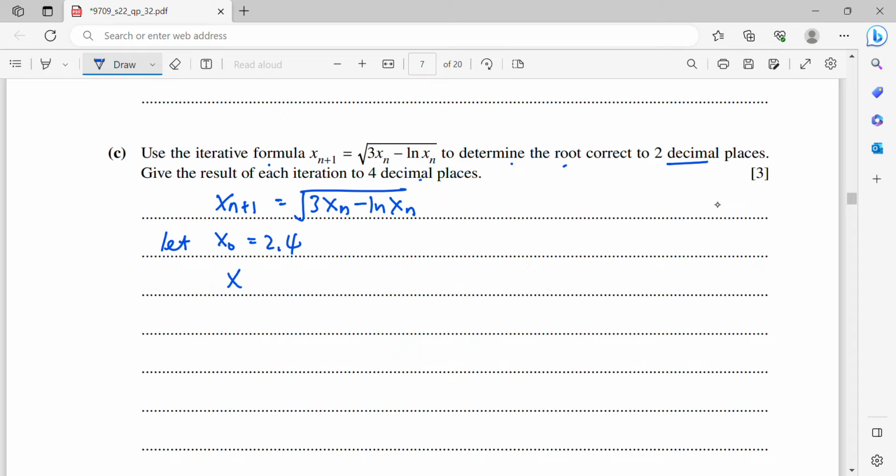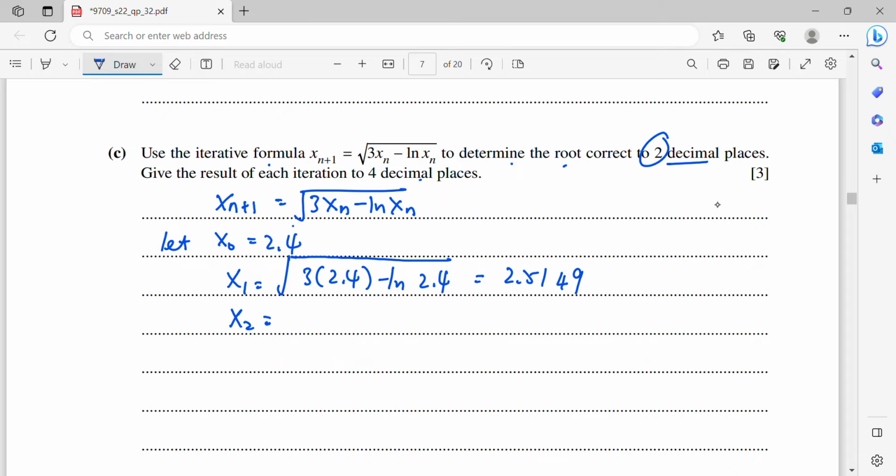Then my x1 is the square root of 3 bracket 2.4 minus ln 2.4. Then now I will get 2.5149. So when you compare 2.4 and 2.5149, it is very different, because we need 2 same decimal places after you round off the third one.